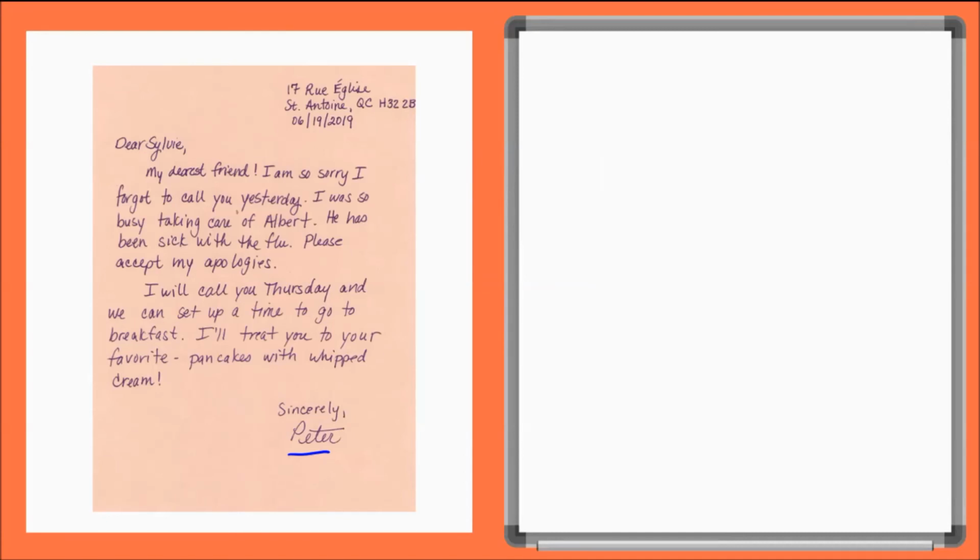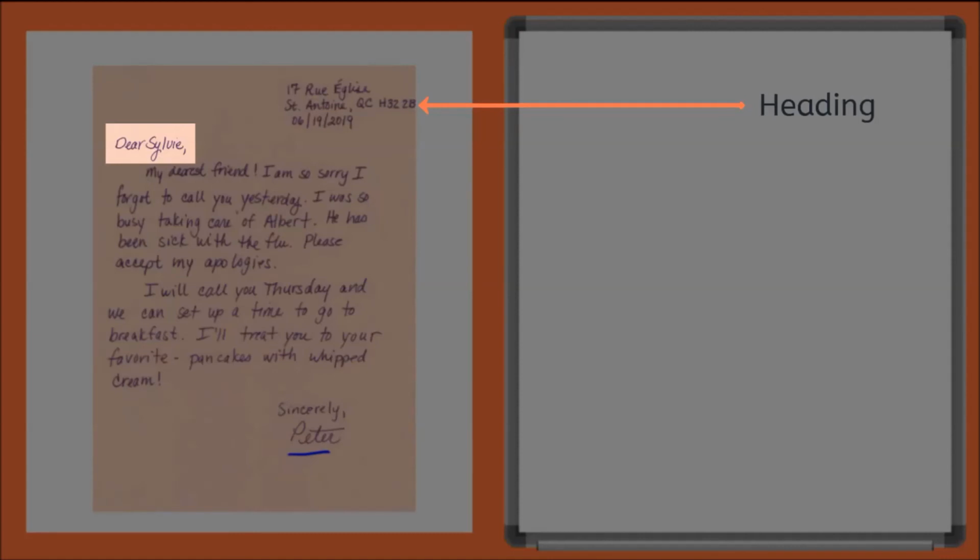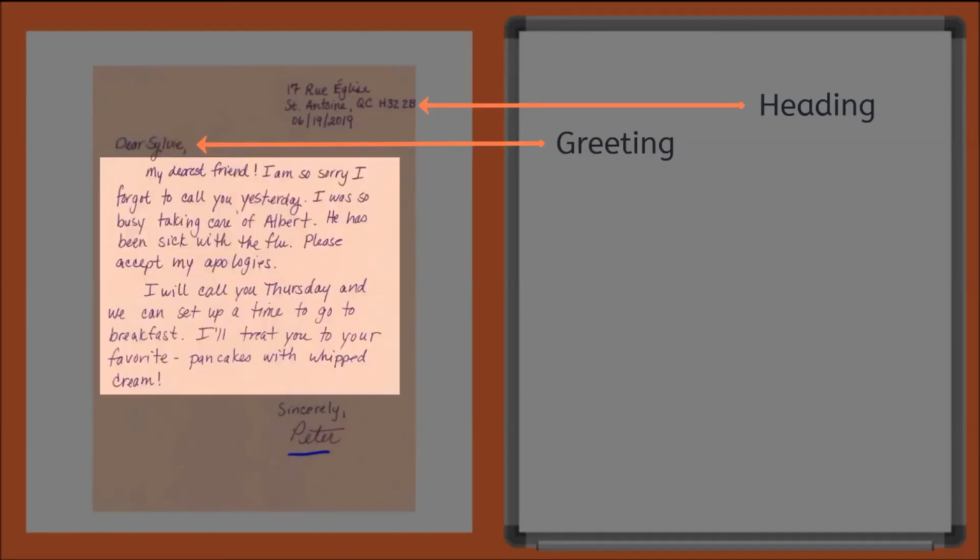So here we have the first part of my letter. What is it? I have a heading. And then a greeting with a capital D in the word dear and a capital S in Sylvie and a comma at the end. Now, what are these two paragraphs called? We call them the body of my letter.